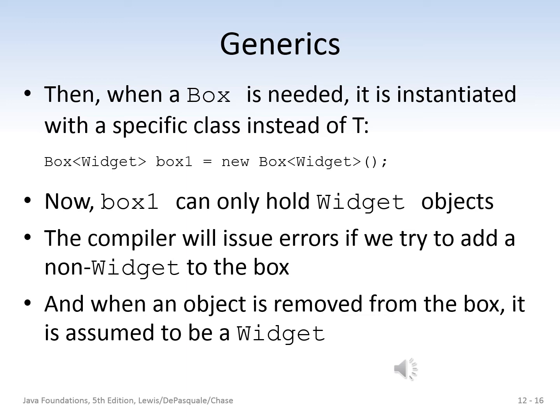Now box1 can only hold Widget objects. If we try to add anything to the box that is a non-widget, the compiler will give us an error. Furthermore, whenever an object is removed from the box, it can be safely assumed to be a Widget.